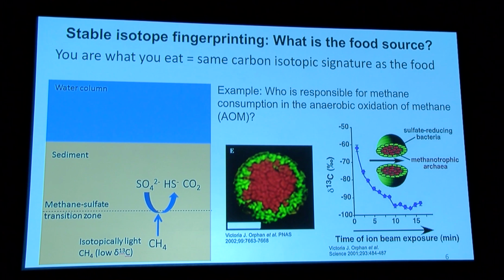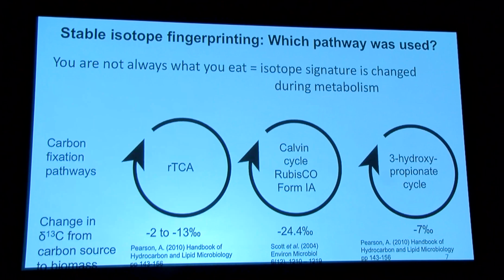So they used a mass spectrometry imaging method, and when they imaged these consortia, they found that the archaea had a very light isotopic signature that corresponded to the isotopically very light methane in the seafloor. So they could make the connection between the methane and the archaea that actually consume it.